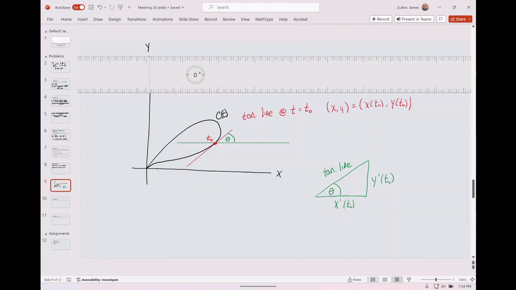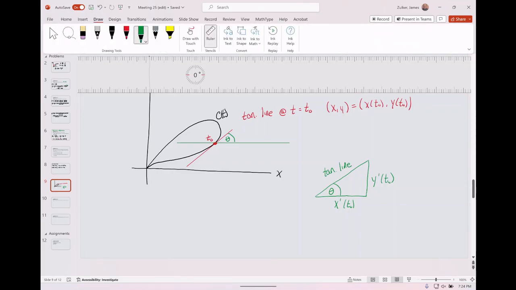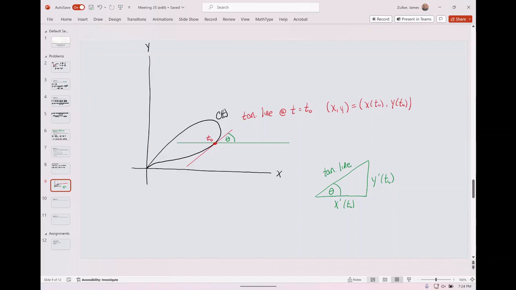It doesn't matter which one you use. However, it's customary to use the tangent function. Tangent of theta equals y prime of t naught over x prime of t naught, right?